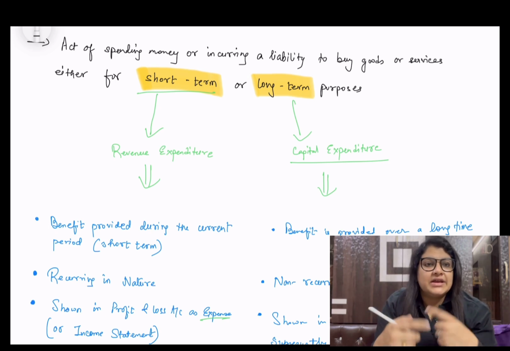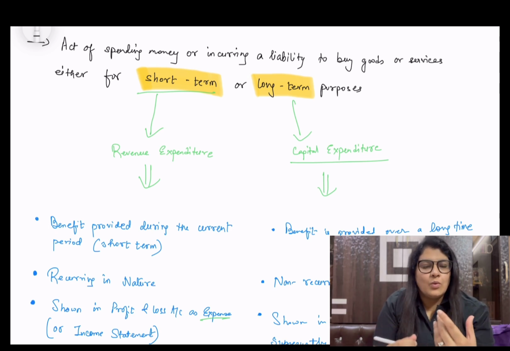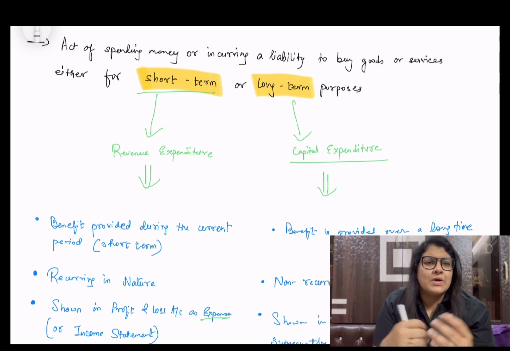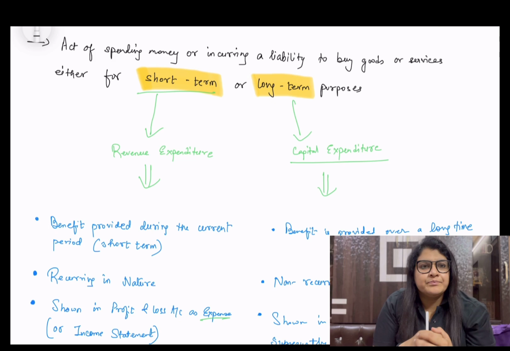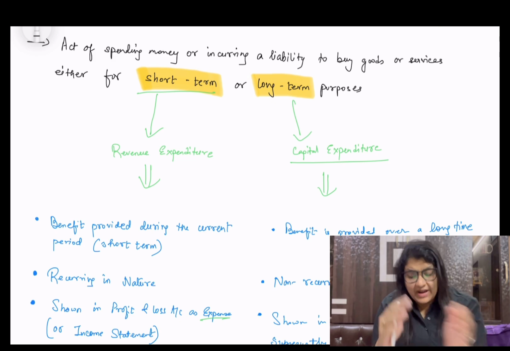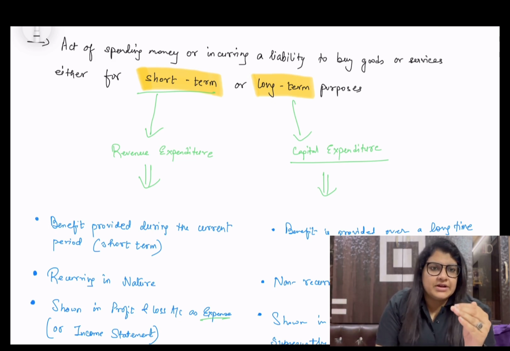This is what recurring, repetitive in nature means. But if you purchase an AC, will you keep on buying every month? No. Once bought, it will be there for a longer period, generally more than 1 year. So, recurring in nature and non-recurring in nature.